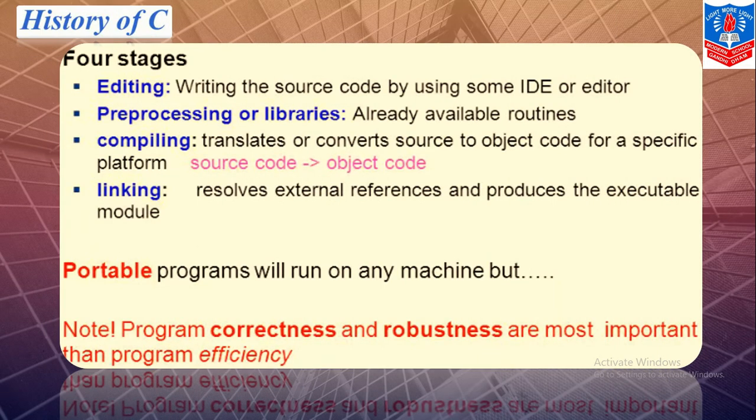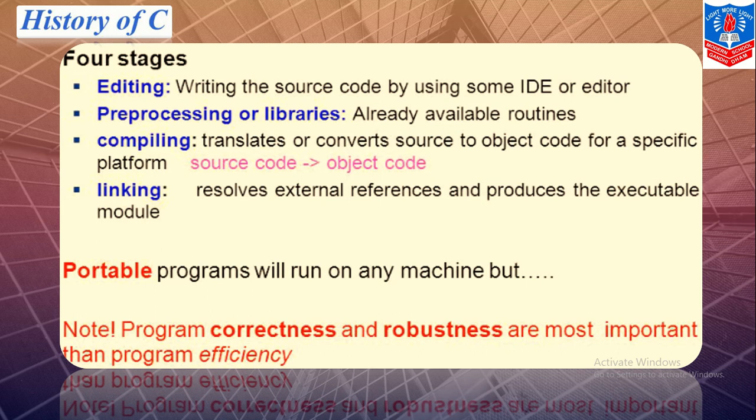Now, the stages of C. A C program goes through four stages. First is editing, writing the source code by using some IDE or editor. Secondly, pre-processing of libraries.